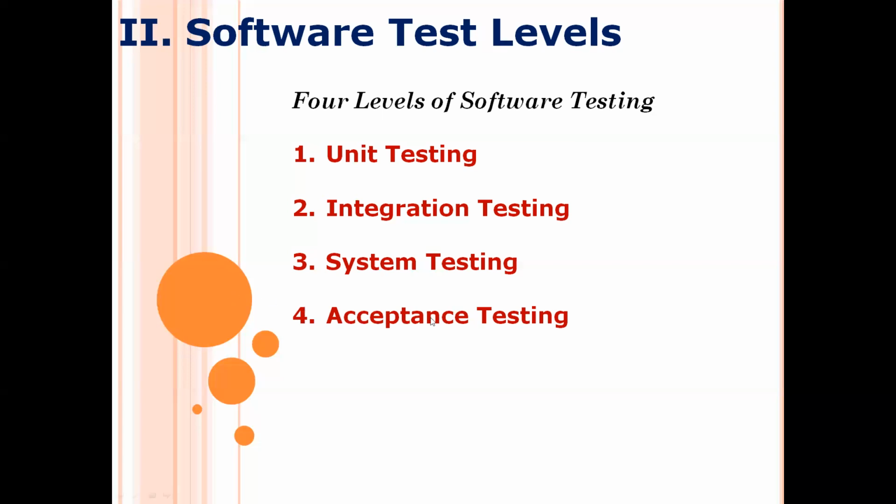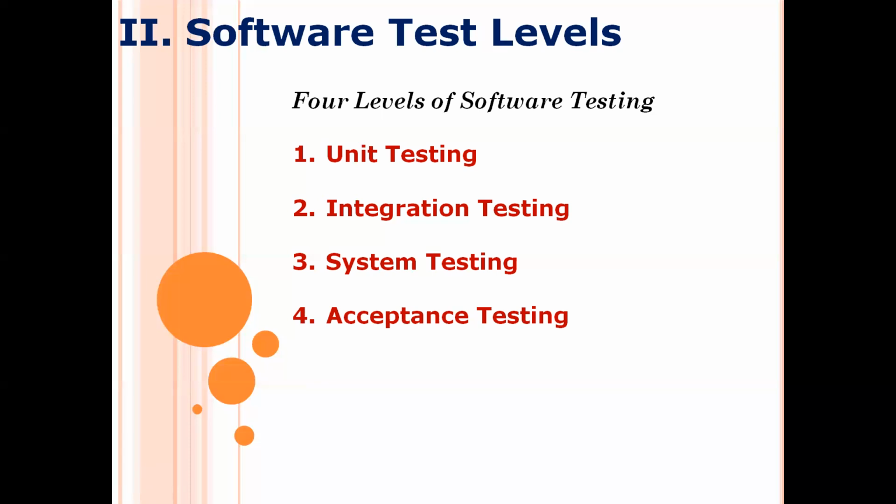Next, the last one, acceptance test level. Acceptance testing is a level of software testing where a system is tested for acceptability. The purpose of this test is to evaluate the system's compliance with the business requirements and assess whether it is acceptable for delivery.